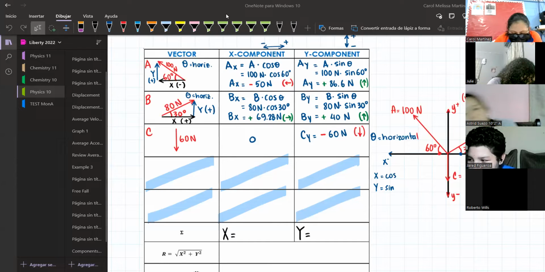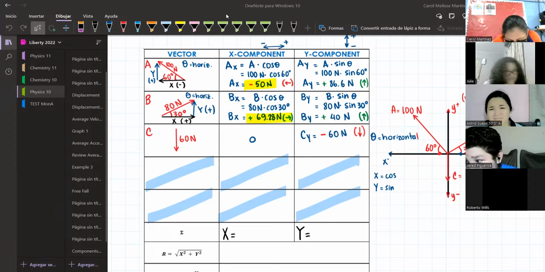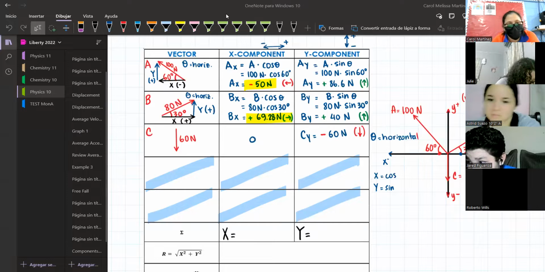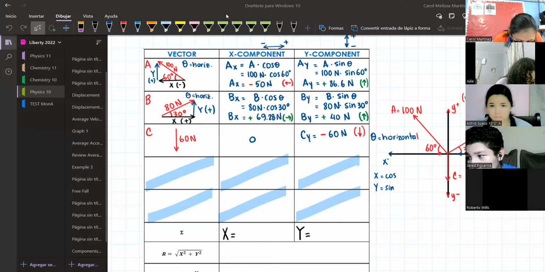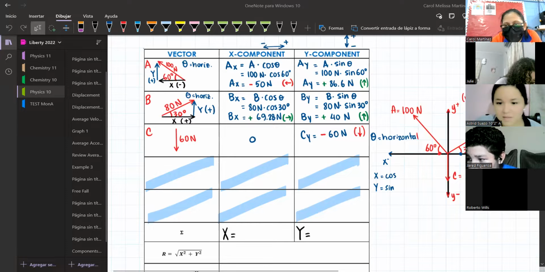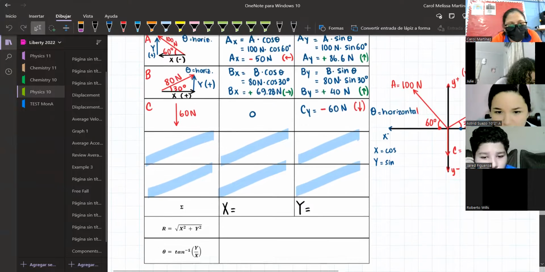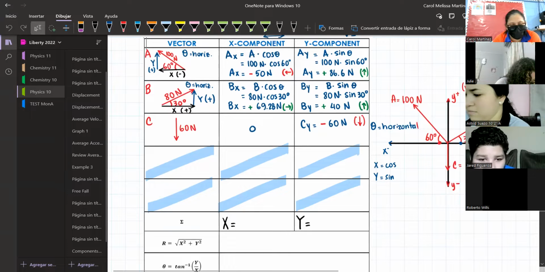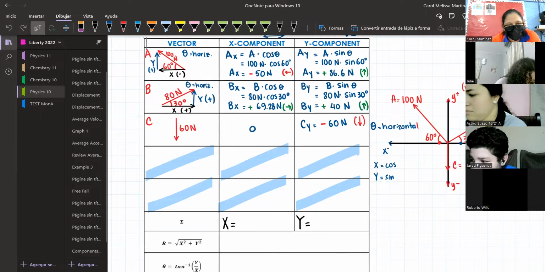So how much is minus 50 plus 69.28 plus 0? How much is this? I got 19.28. Did you get the same answer as me?